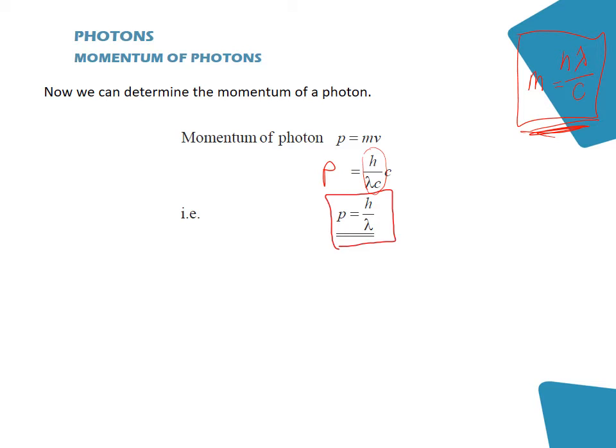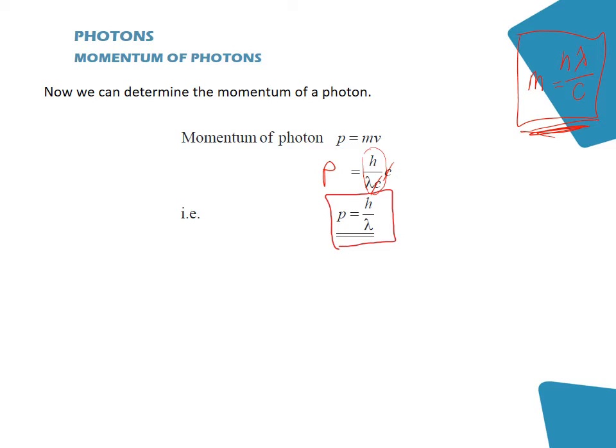So there we can see we've got this new equation that p is equal to h over lambda c times c, and the c's cancel out, and what we're left with is this red box equation at the bottom, which is a formula for the momentum of a photon.